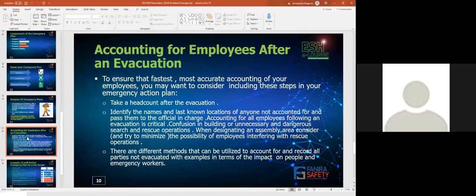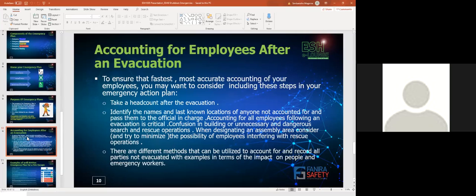Remember, when everyone goes to the assembly point during the emergency, let's ensure that a roll call is conducted and the head count is taken. Let's identify the names of all our employees so that we don't miss anyone in case some of our employees are trapped. Accounting for employees following an evacuation is critical.